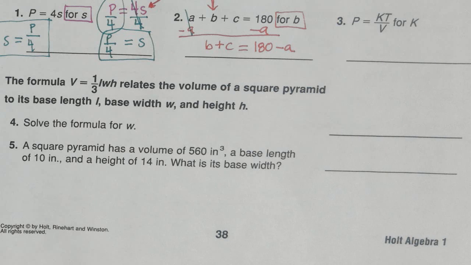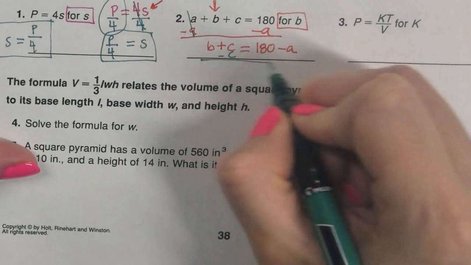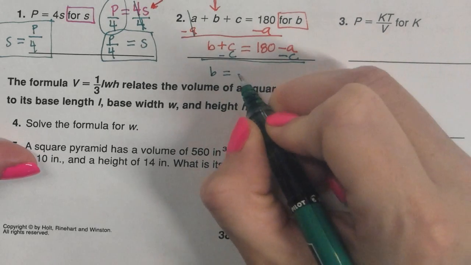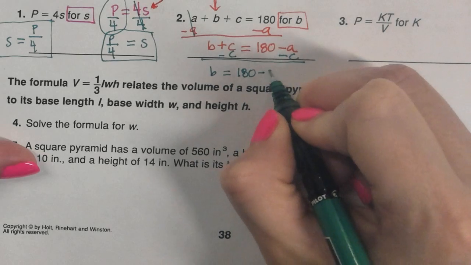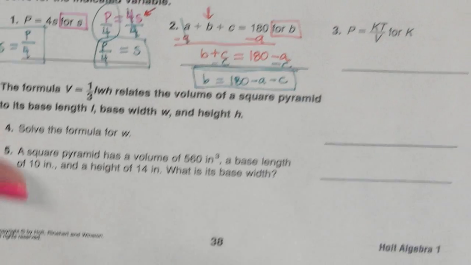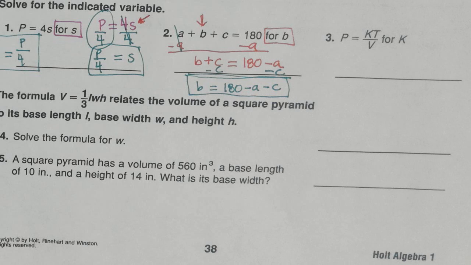B plus C. How are you going to subtract? Yeah, you're just going to subtract C. Great. Okay, so we're going to subtract C from both sides. So we have B equals 180 minus A minus C. That's your final answer. 180 minus A minus C.